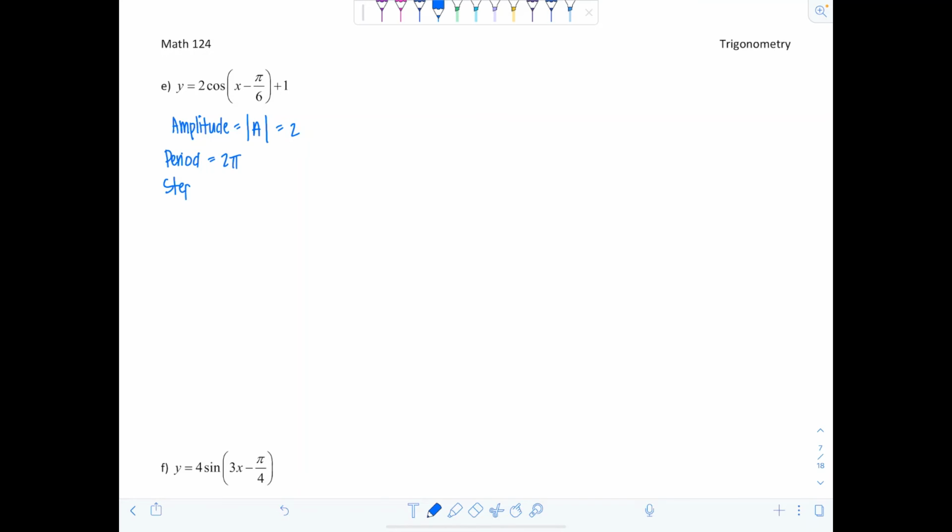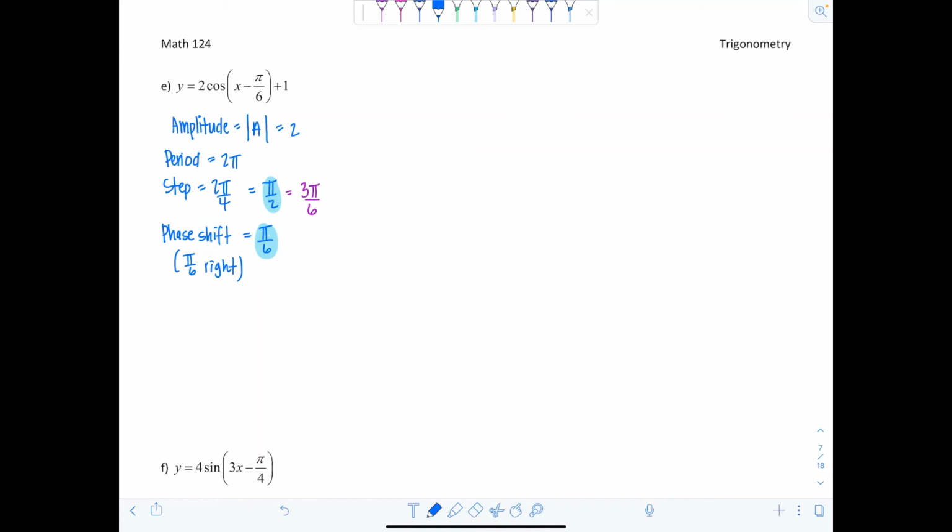So that means the step is 2 pi over 4, so pi over 2. We have a phase shift. Phase shift is how much? It's positive pi over 6, so that means you go pi over 6 to the right. And then anytime this happens, I just check to myself, okay, the phase shift has denominator 6. Let me get a common denominator with the step, right? Because you're going to keep adding the step to that number. So just remind yourself, hey, pi over 2, that's 3 pi over 6.